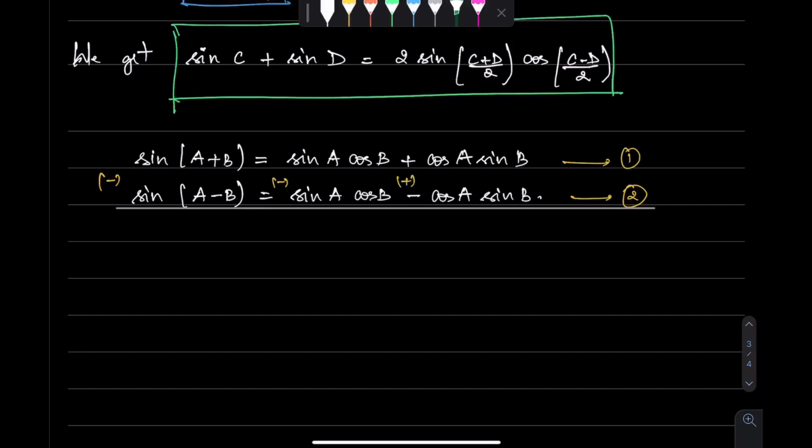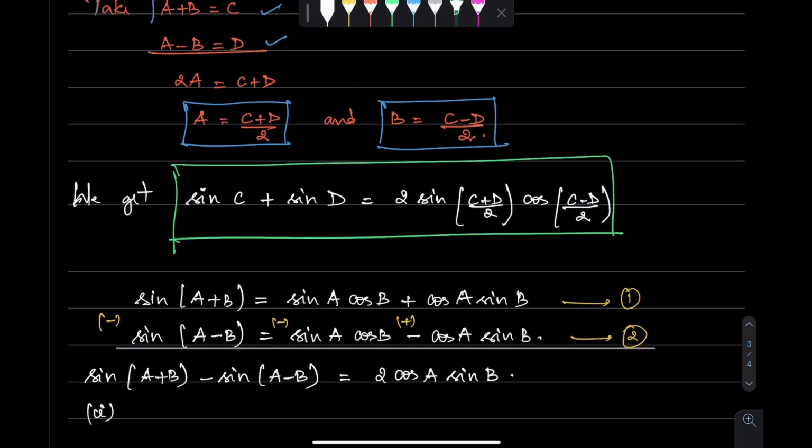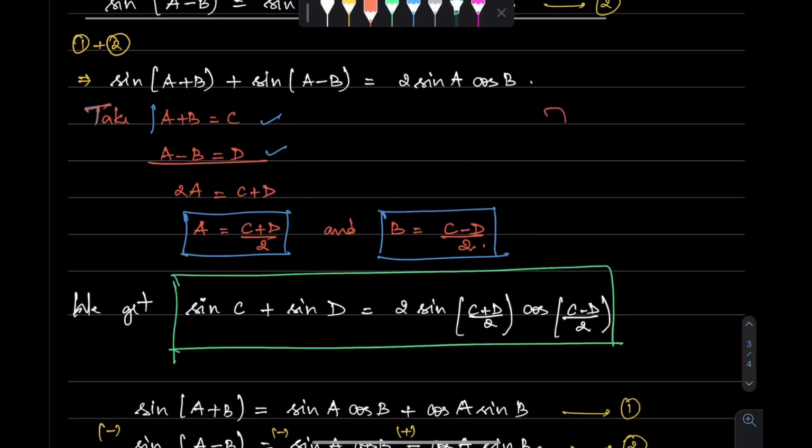I get sine A plus B minus sine A minus B is equal to, yeah, very good, 2 cos A sine B. Fantastic. So using this, what do I get?